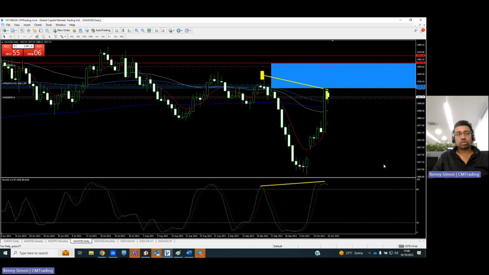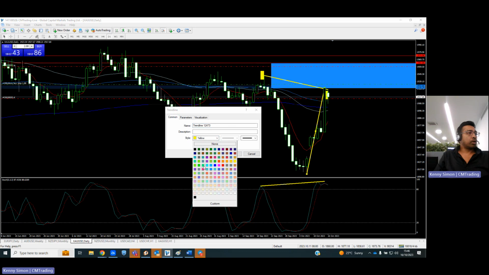If we do have a divergence, that basically means there may be a reversal coming very soon, based on the current movement of the cluster of candlesticks. The current movement is on the upside, right? We've got an upward trend right here.